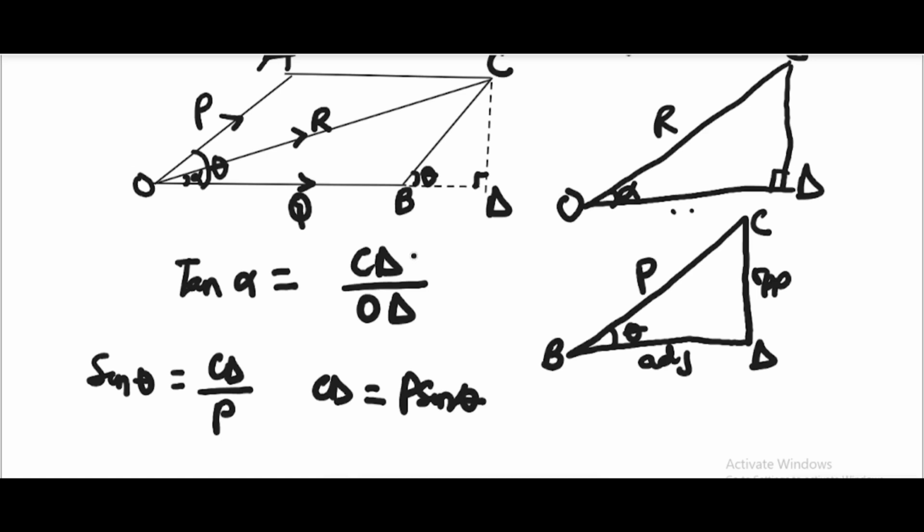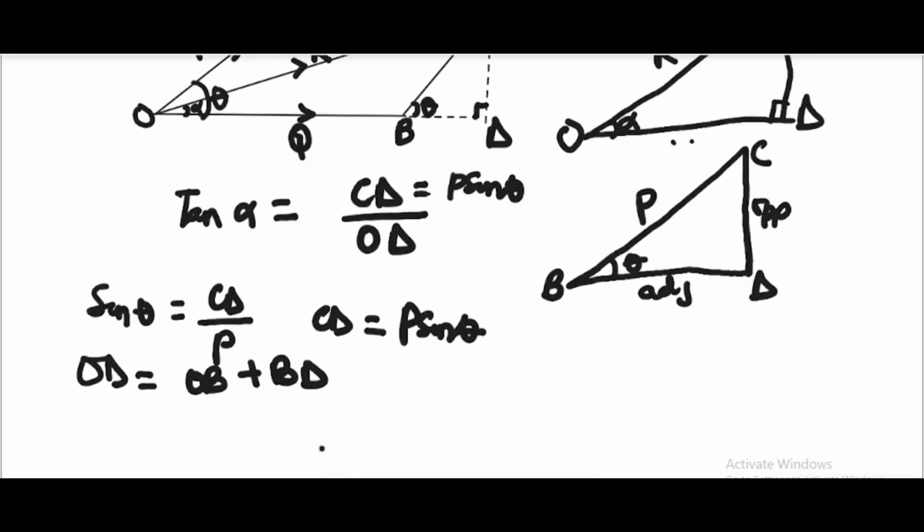So coming to OD, OD is equal to OB plus BD. So I already know my OB to be what? To be Q. So the question is, what is BD? Now looking at BD, BD is the adjacent side here.